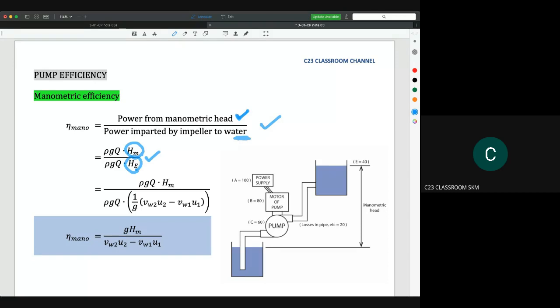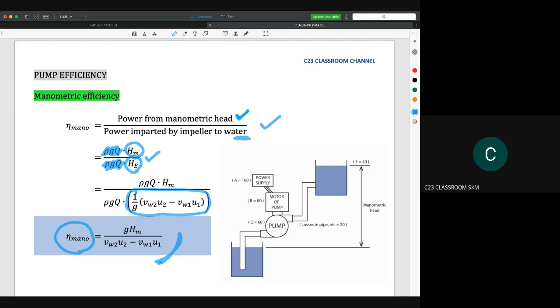And then we could simplify the equation by cancelling the values of rho, Q, and g. Now our equation only involves manometric head divided by Euler head. Then we could substitute the value of Euler head by this equation. So we get the equation for manometric efficiency equal to gH_m over (V_w2 U2 minus V_w1 U1).